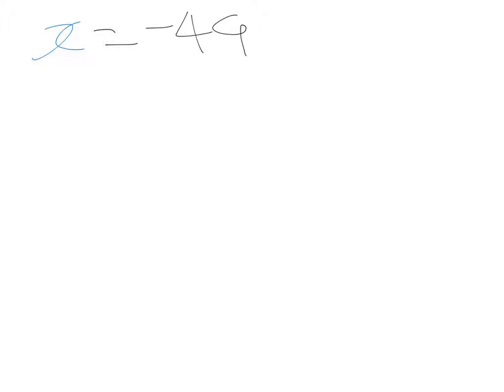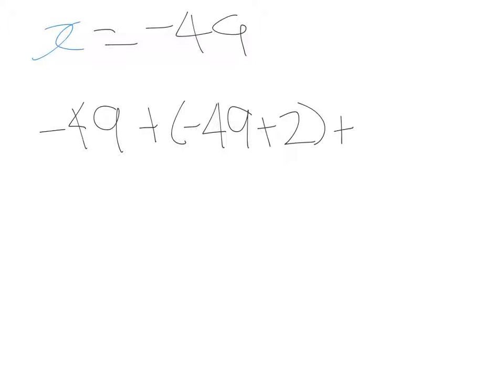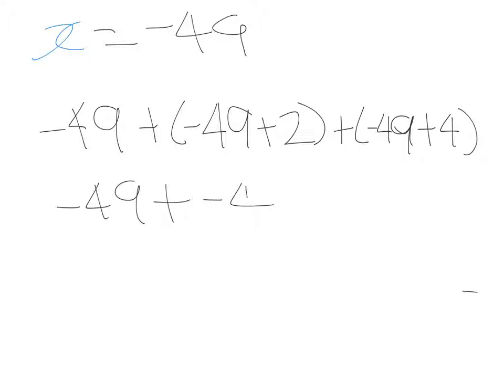So the equation was negative 49 plus negative 49 plus 2, and then plus negative 49 plus 4. That would equal negative 49 plus negative 47 plus negative 45.